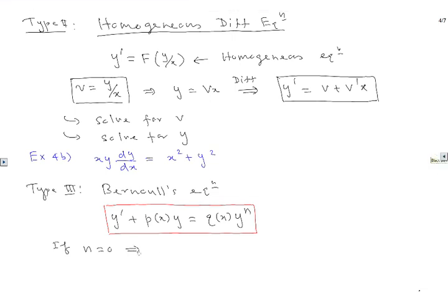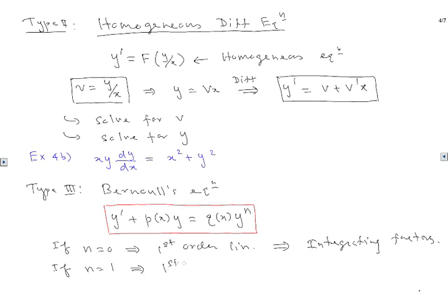And if n equal 1, this is going to be separable, or first order linear, so it's going to be both.